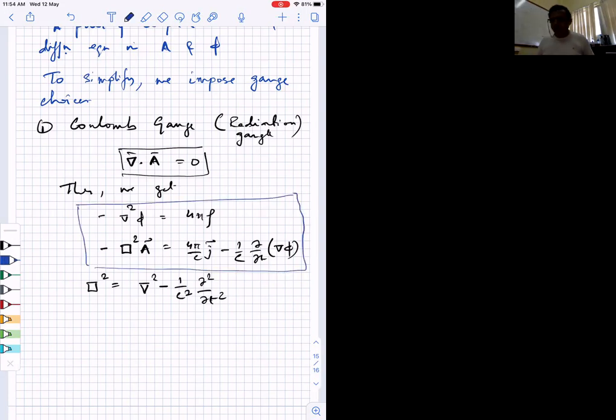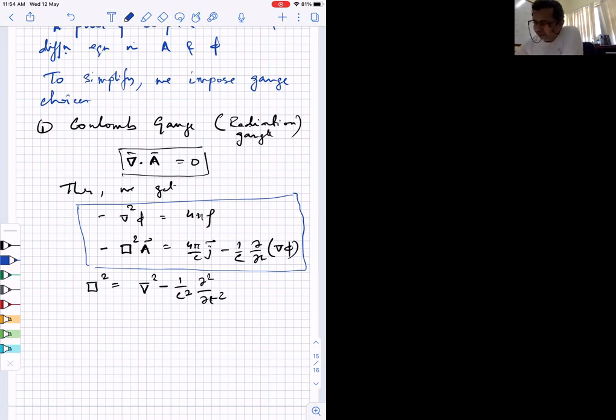So the whole point is we get two equations, and you can understand why it's called Coulomb gauge, because the first equation is the electrostatic equation, basically Coulomb's law. This is the reason why we call this the Coulomb gauge, because you end up with this minus grad squared phi is 4 pi rho.